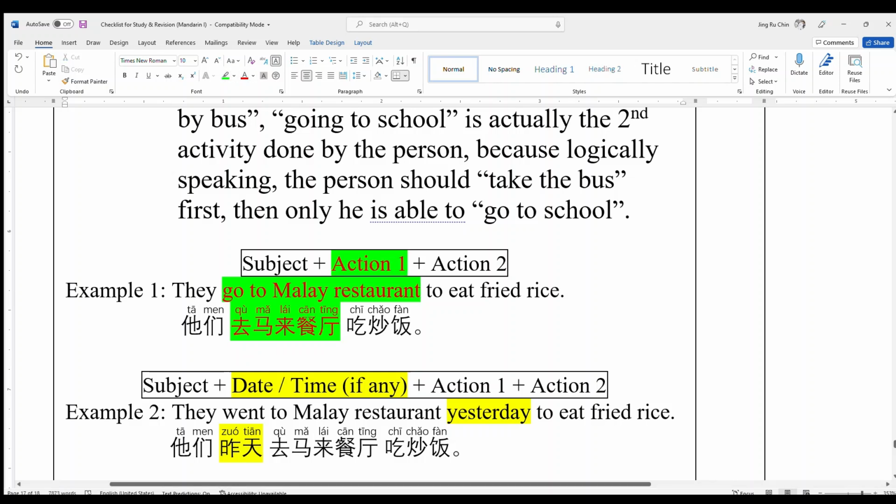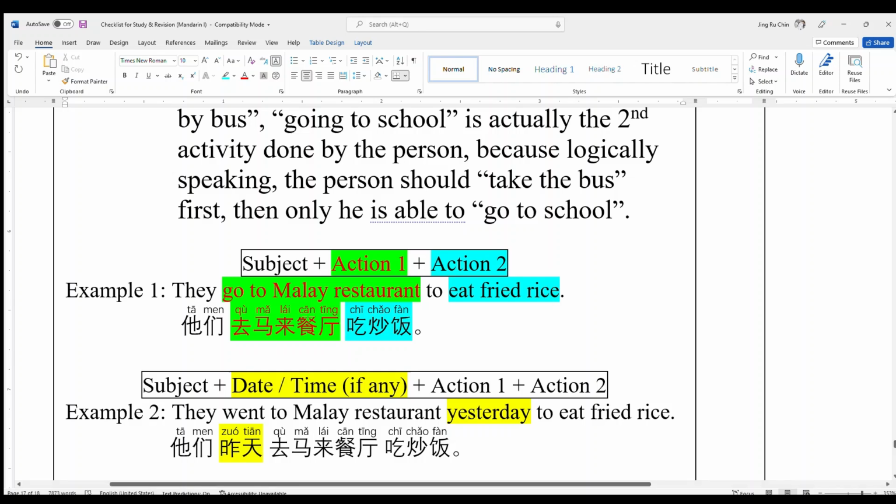Then the second action is eat fried rice. 吃炒饭, second action. So you see, in Mandarin sentence, we follow this rule very strictly, so that people will not confuse what action you do first, what action you do second. Because you are telling them in order. You ikut urutan, you bagi tahu secara ikut urutan kan, orang akan faham dalam bahasa Mandarin.